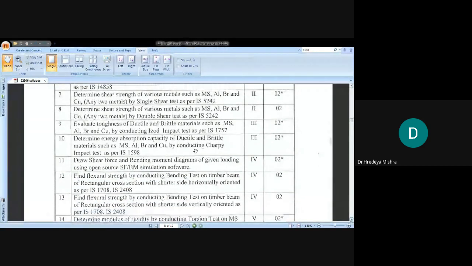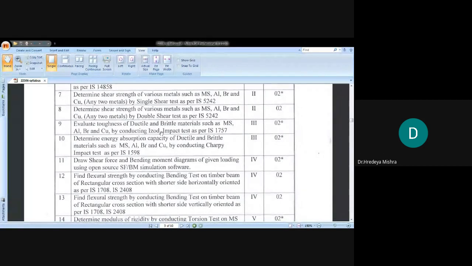Evaluate toughness of the ductile and brittle materials such as mild steel, aluminum, brass, copper by using the Izod impact test. And same, determine the energy absorption capacity of the ductile and brittle material such as MS, Al aluminum, bronze, and copper by conducting the Charpy test.